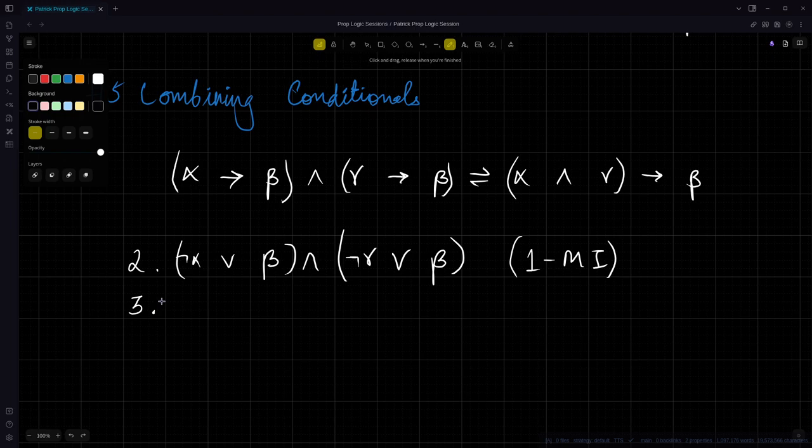But how will you do it? So the common one... I guess we can do some commutativity just so it's in the form.